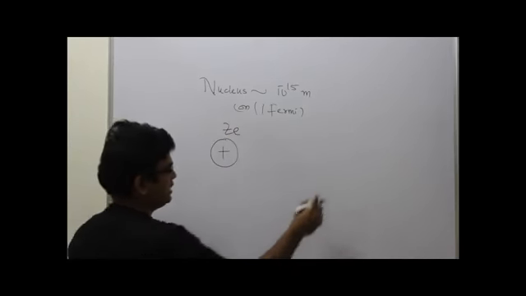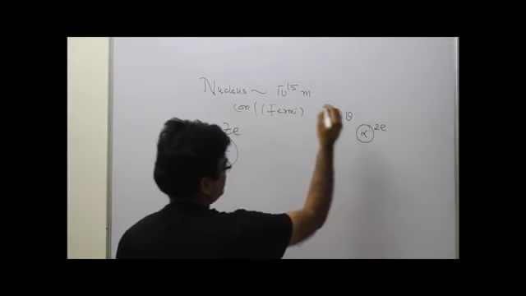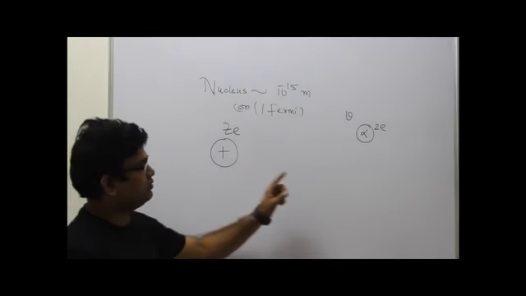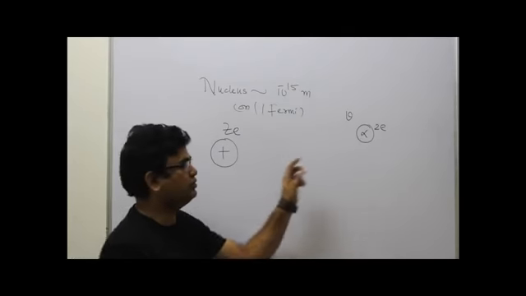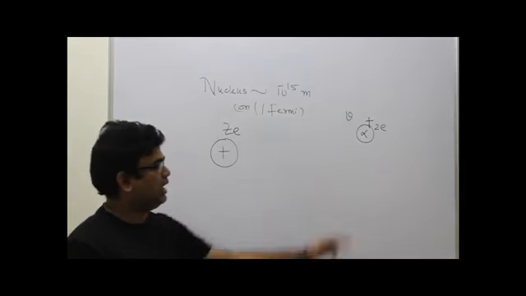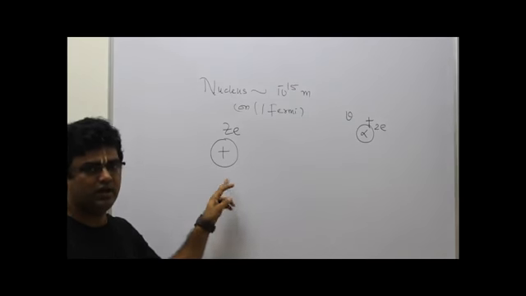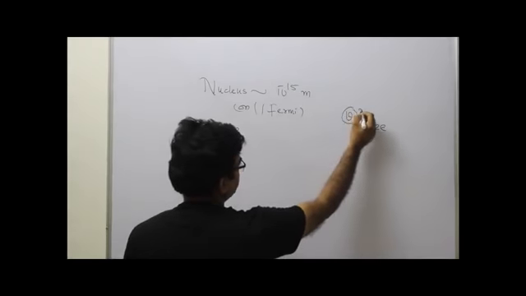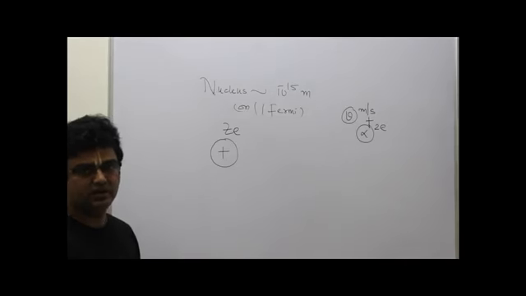Now, I project an alpha particle of charge 2e with initial velocity v towards the nucleus. Alpha is a doubly ionized helium atom, so the charge will be plus 2e. As both are like charges, they repel each other, that is Coulombic repulsion. The initial velocity is v meter per second, with which the alpha particle is projected.